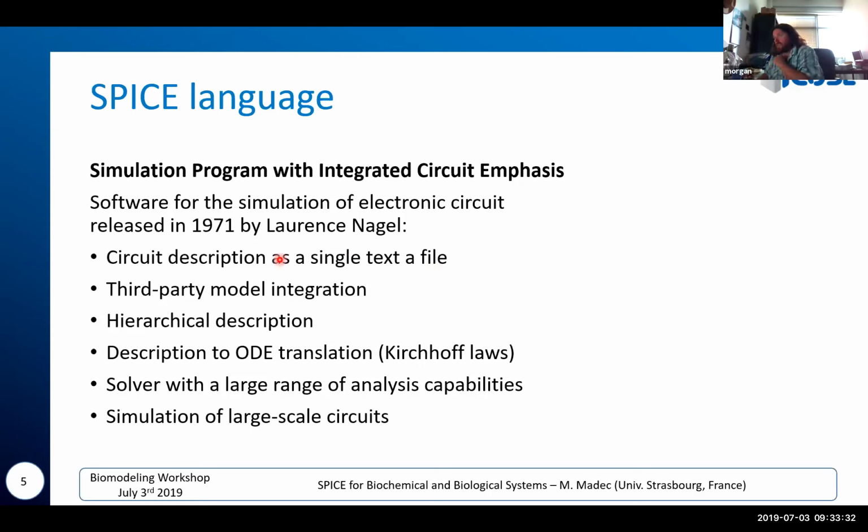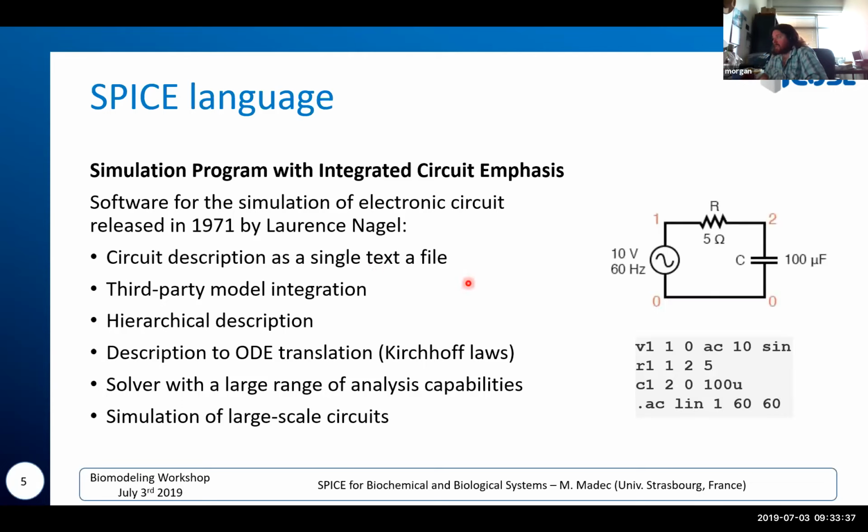Regarding the description, the single file that is used for the description of the circuit is quite easy because you have basically one line per device. So for example, here it's just a single circuit with one voltage source, one resistor, one capacitor, and I have just 3 lines. One to say that I have a voltage source connected between node 1 and node 0 with some parameters.